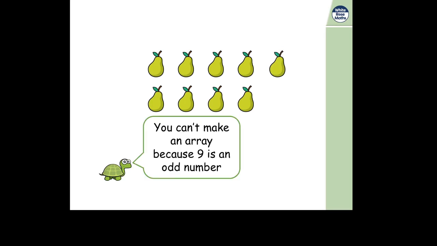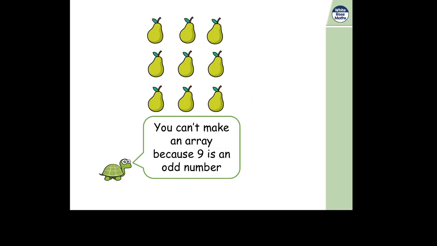You can't make an array here because 9 is an odd number. So we can't make this array with 9. Is that true? Have a think. Pause it now and have a think. Can you make an array with 9 by changing the pairs round? We can.